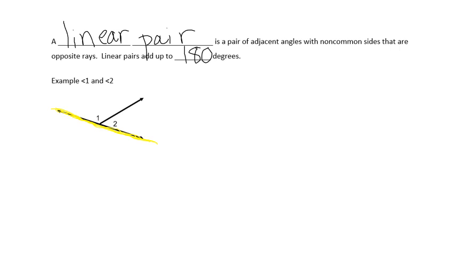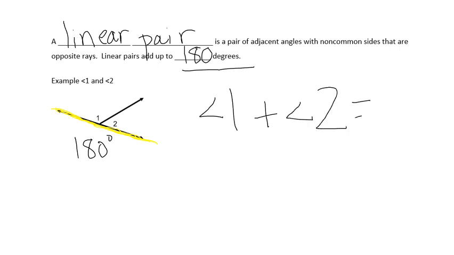So that's why they're called linear. And they're a pair because there's two of them. And remember, straight angles add up to 180 degrees. So linear pairs add up to 180 degrees. So we would be able to say angle 1 plus angle 2 equals 180. And we could maybe set up an equation. We're going to do that here in a little bit.